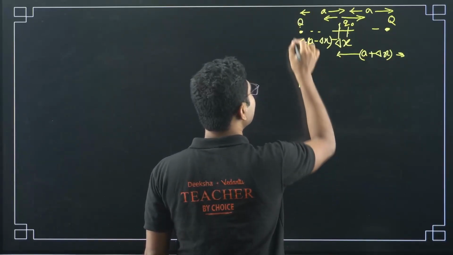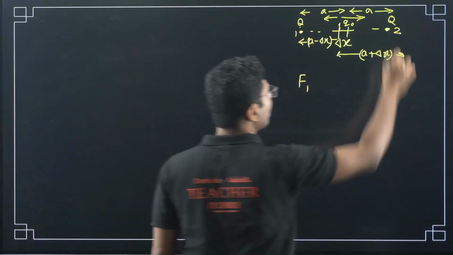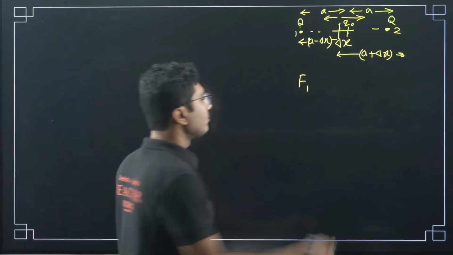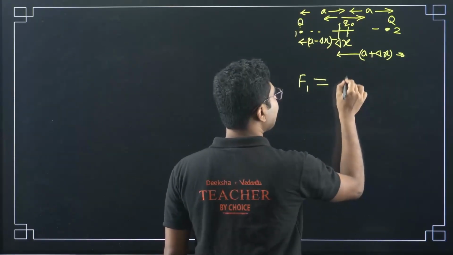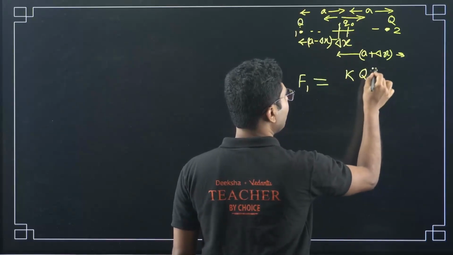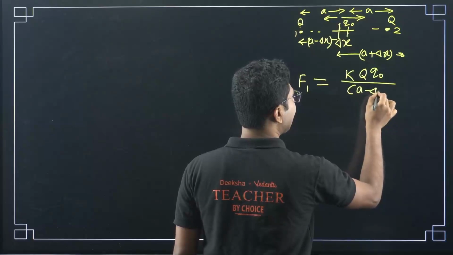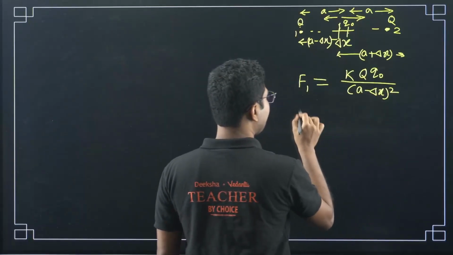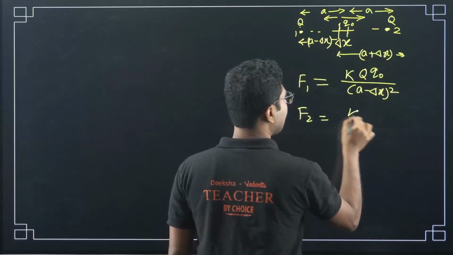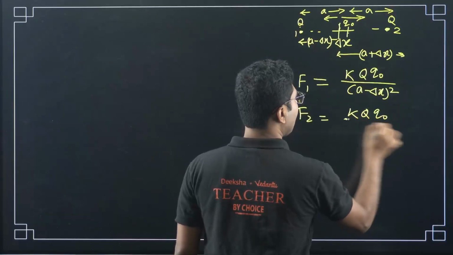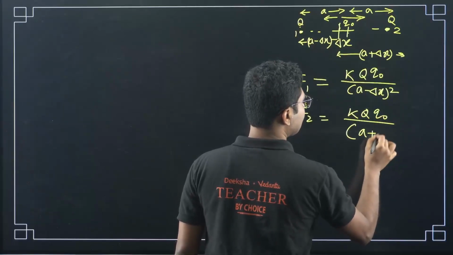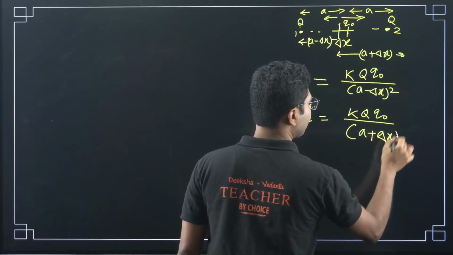Say F1 and F2. Force F1 will be K Q Q naught by A minus delta x whole square, and F2 will be K Q Q naught by A plus delta x whole square.